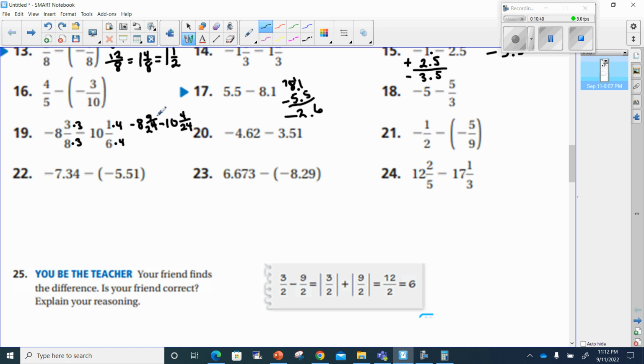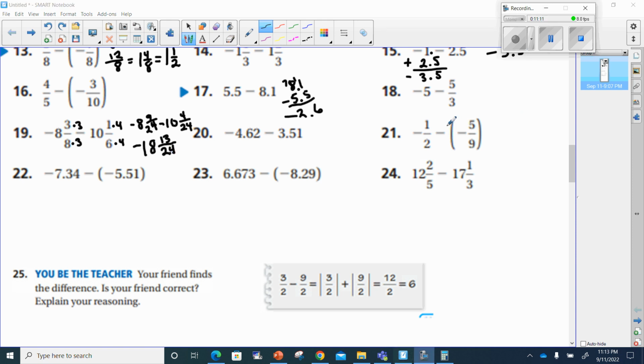Now I can add these together. Remember, when my signs are the same, I find the sum, so we're adding these together. We're going to get a negative answer. 9 plus 4 will give me 13 over 24. And then 8 plus 10 is 18. So this will be negative 18 and 13 over 24.